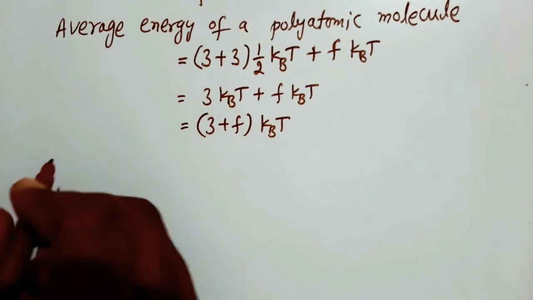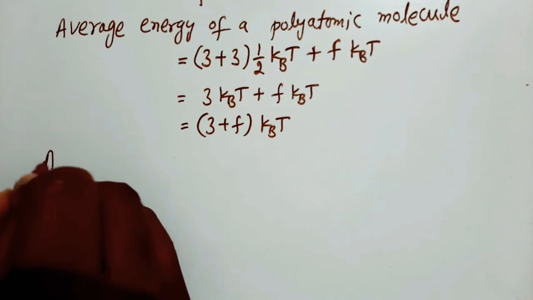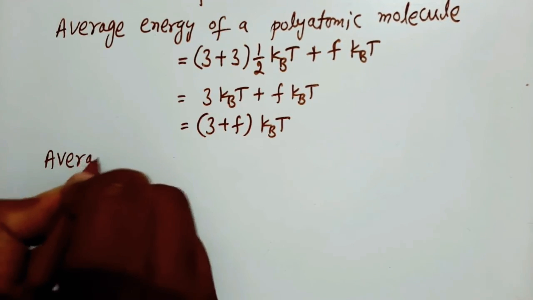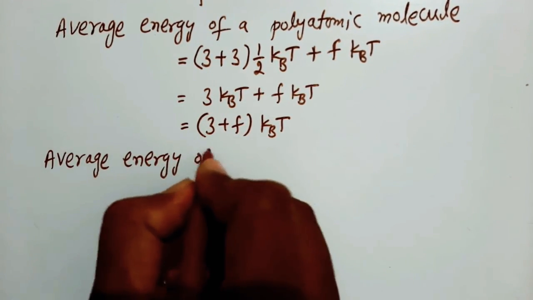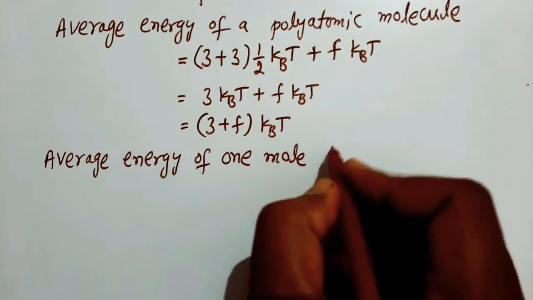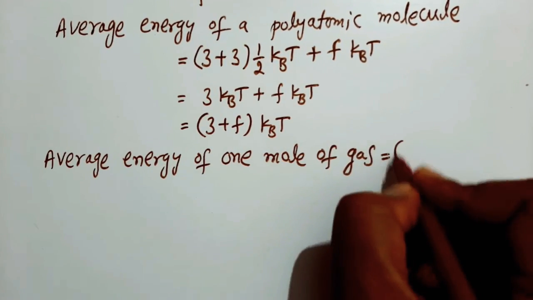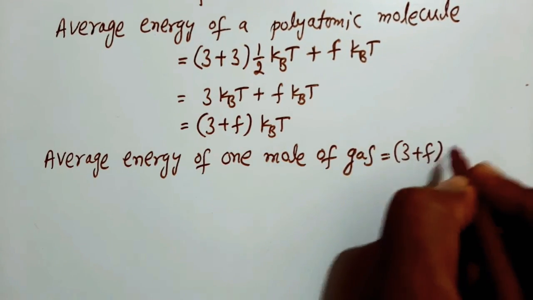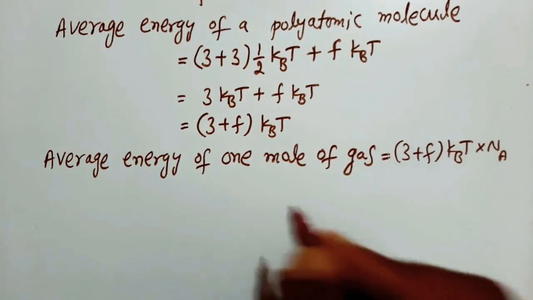From this we can write the average energy of 1 mole of gas is 3 plus f into kBT into Na.